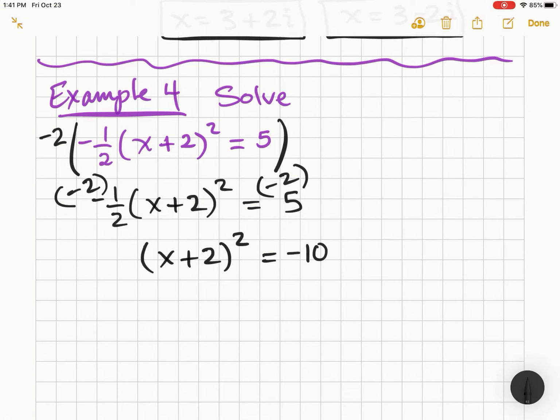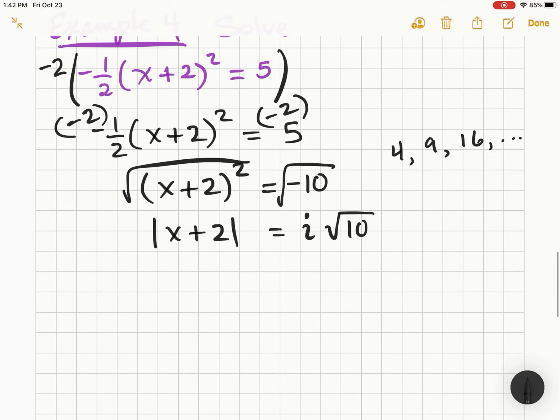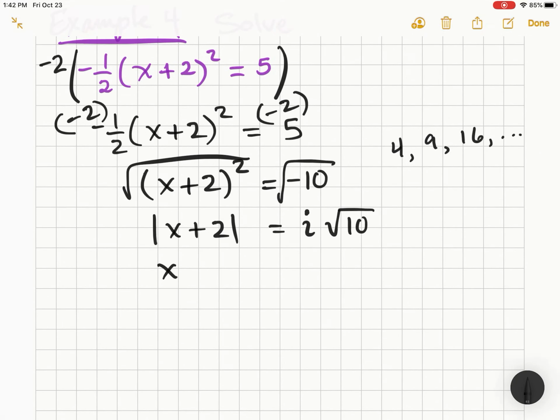Alrighty. So now when I take the square root, don't forget absolute value. And here, do any perfect squares go in the 10? Let's see, 4, 9, 16. Nothing goes in, but I still have to take the i out for the negative sign. You never leave that negative under there. So now I'm going to remove the bars.